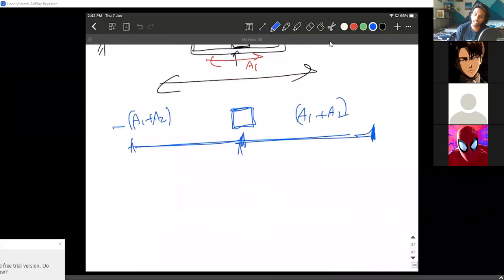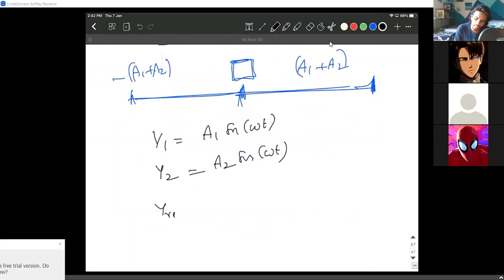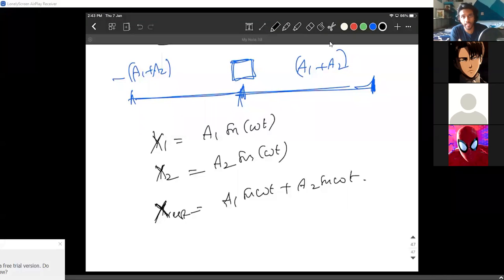How do I look at it mathematically? The equation of the first SHM is A1 sine omega t. The equation of the second SHM is A2 sine omega t. If I want the resultant, I can write all of them as X, since we're only considering horizontal SHMs: A1 sine omega t plus A2 sine omega t. Since displacement is a vector, we can directly add them.